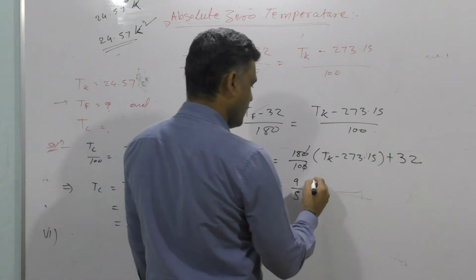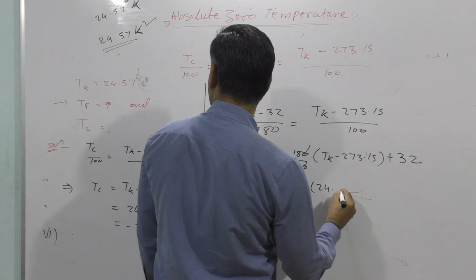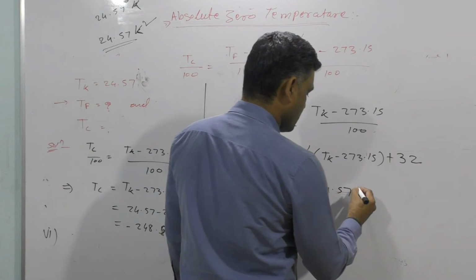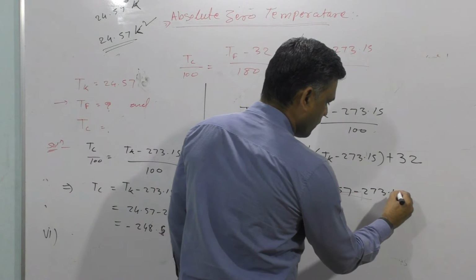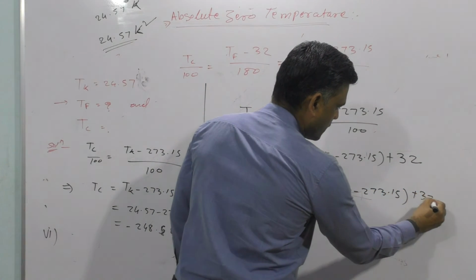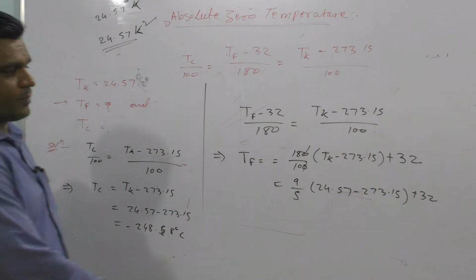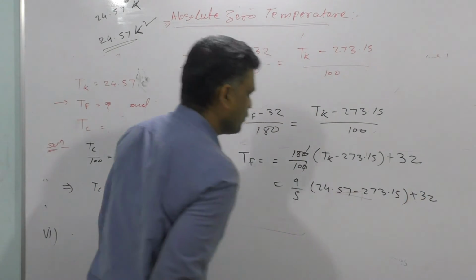Okay, and the value of TK is given, 24.57, yes, am I right, minus 273.15 plus 32. This is simple algebra, just the calculation part: make the subtraction first, and lastly we add these 32 terms.